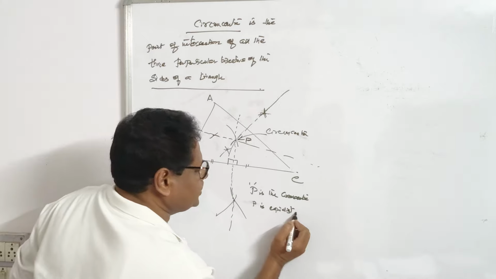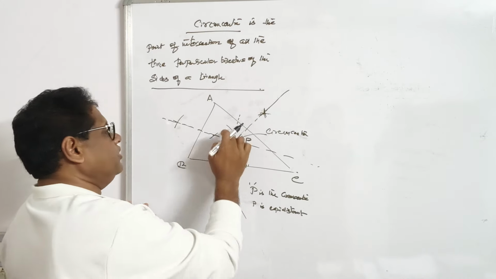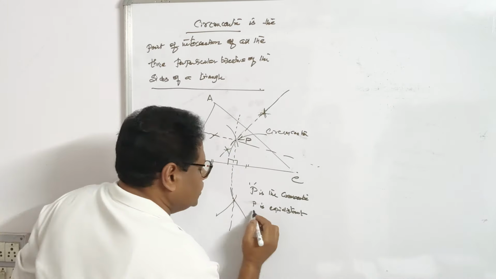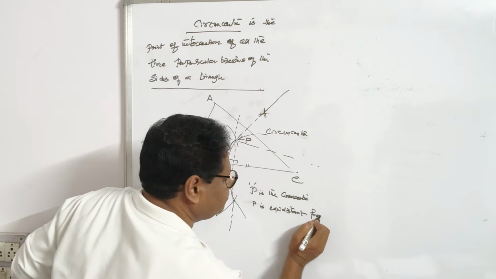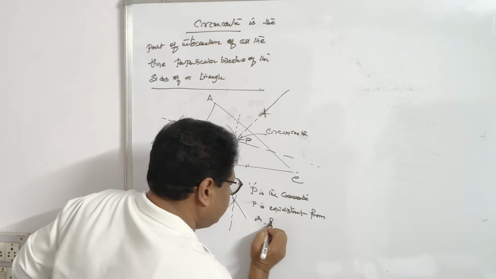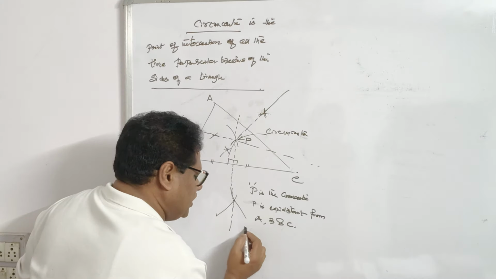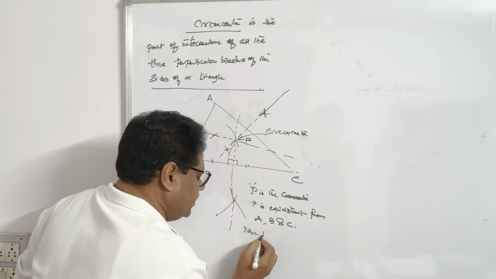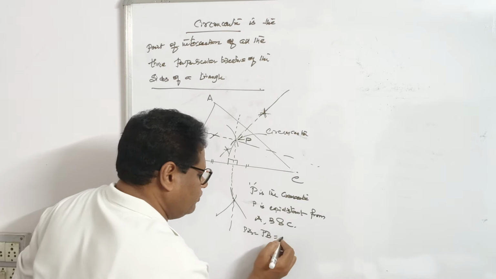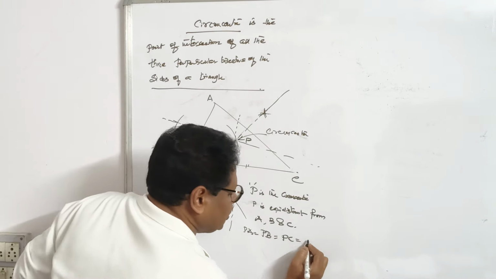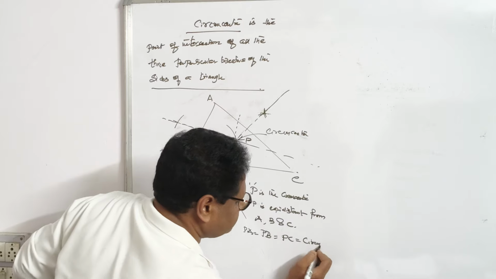That means the distance of P is the same from A, B and C. So PA equal to PB equal to PC, and this is called the circumradius.